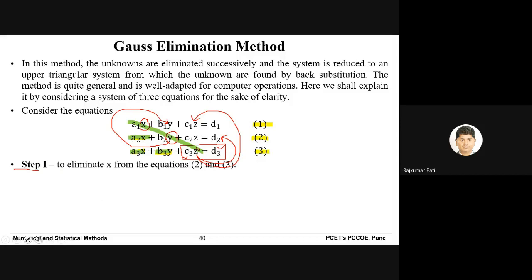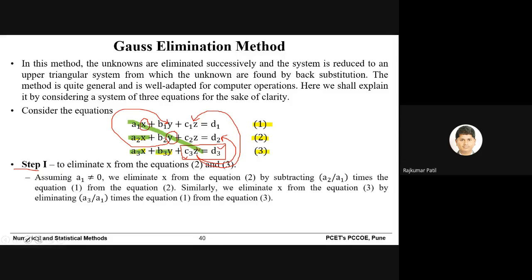So that we already discussed. But what we need to remember, when you want to remove x from equation 2 and 3, then we need to make sure that a1 is not equal to 0. Why should this value not be equal to 0?